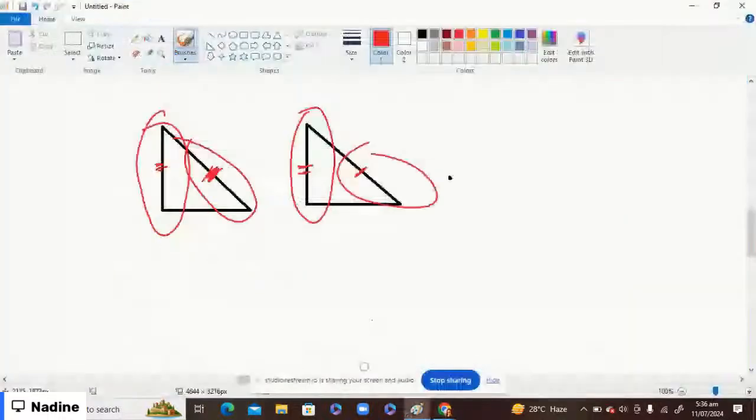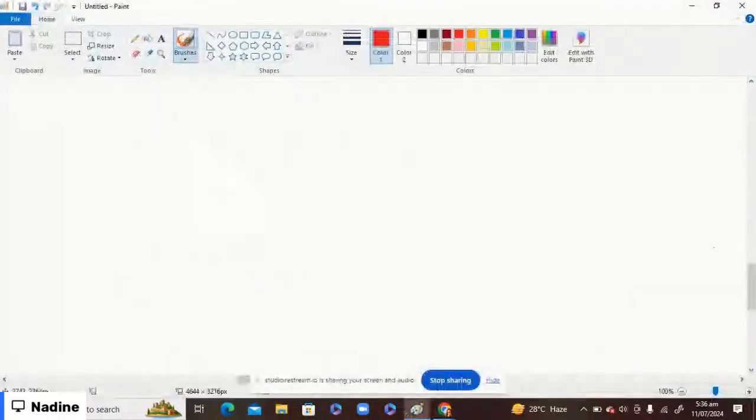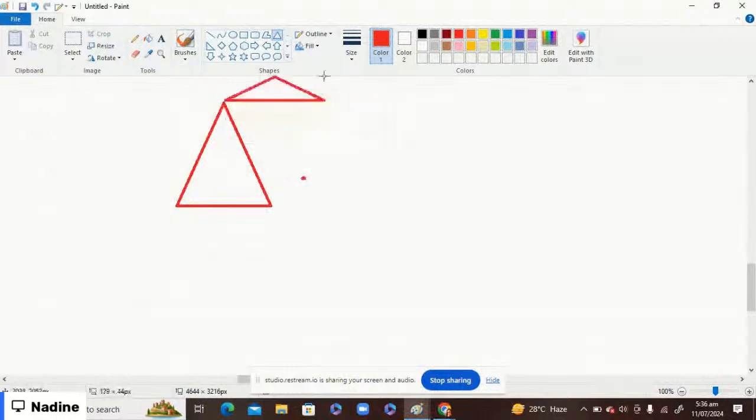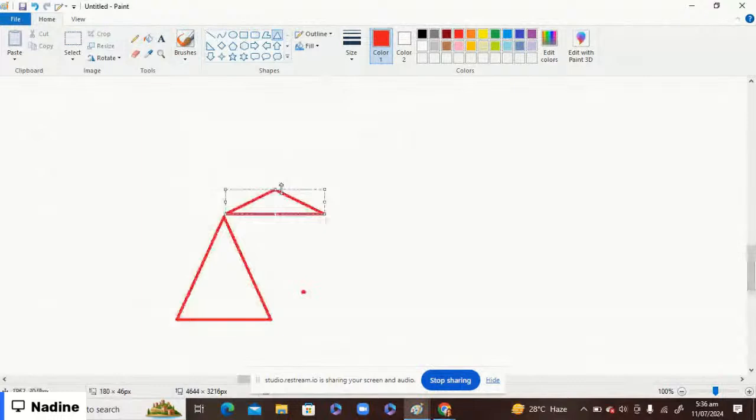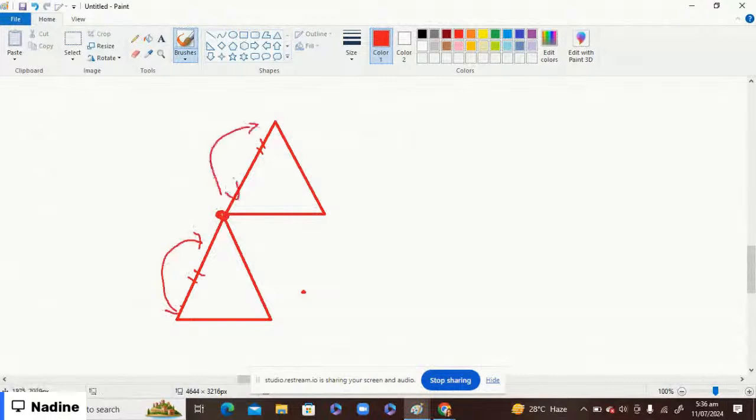If no side is involved, then we can see there is nothing else. For example, here are two triangles and they are saying that this one and this one, and here is the midpoint, so it means that these two sides are the same and these two sides are the same.